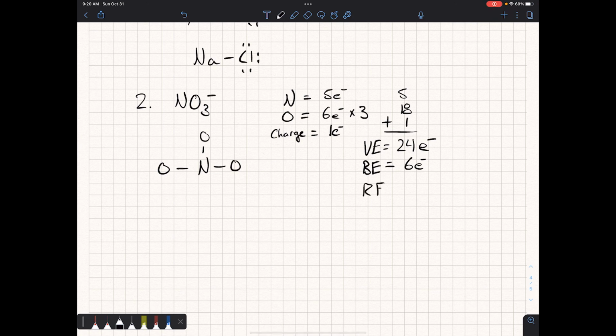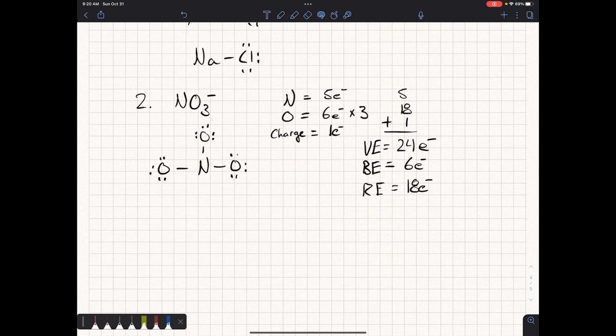So we're going to have remaining electrons to distribute, and that's going to be our valence electrons minus our bonding electrons. So that'll give us 18 electrons left over. And when you distribute these, you want to do them in pairs, and then you want to distribute them evenly to the outer atoms first. So go 2, 4, 6, 8, 10, 12, 14, 16, 18.